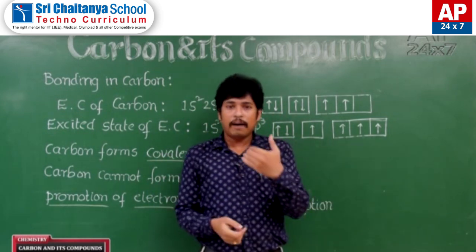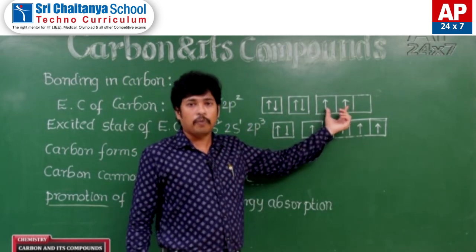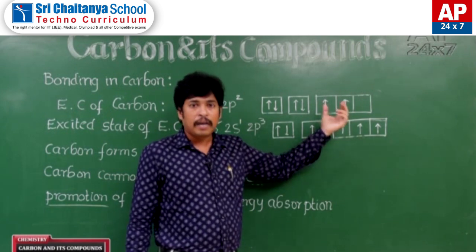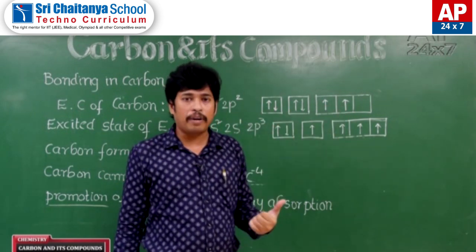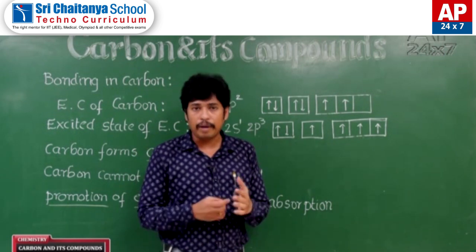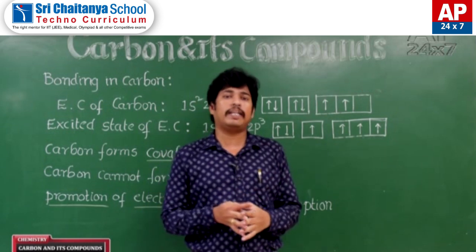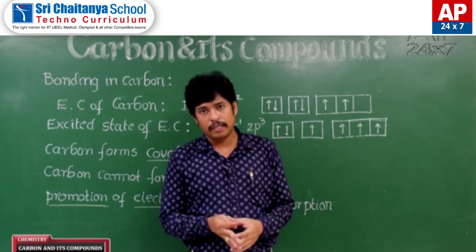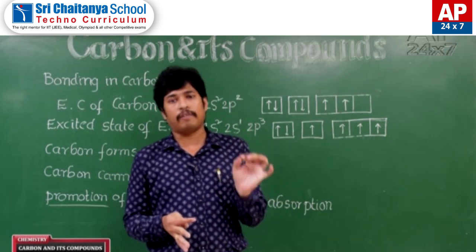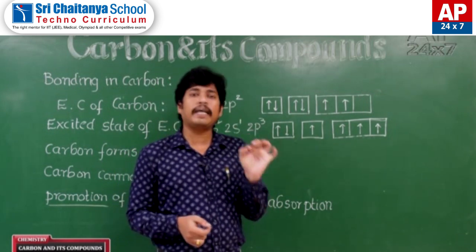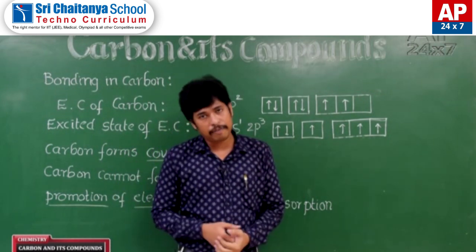After the formation of 1 or 2 chemical bonds, we know that the formation of a bond is an exothermic process. Why? Because in order to get stability, elements are involved in chemical bond formation. As a result of chemical bond formation, any atom will lose some amount of energy.